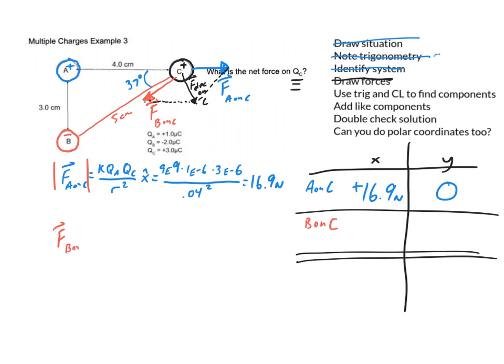B on C: K QB QC divided by R squared is equal to 9e9 times 2e negative 6 times 3e negative 6 divided by 0.05 squared.